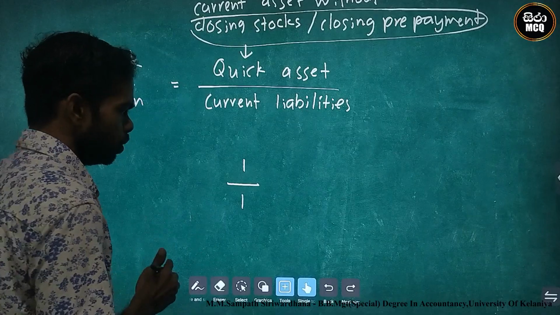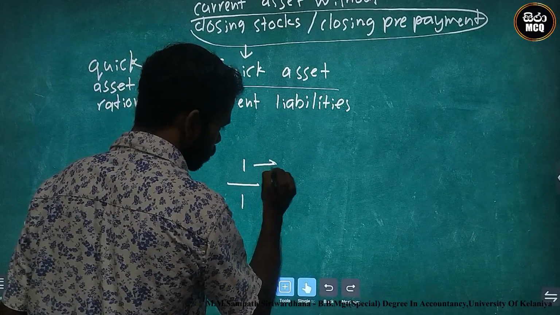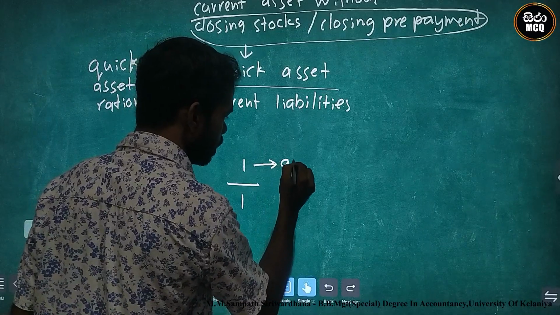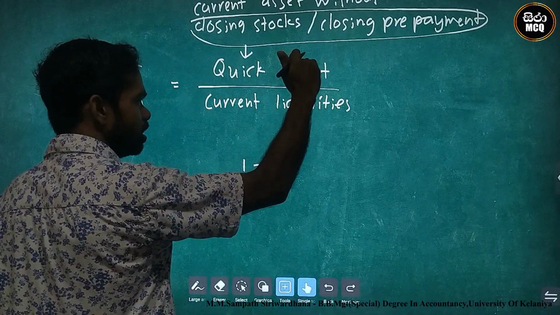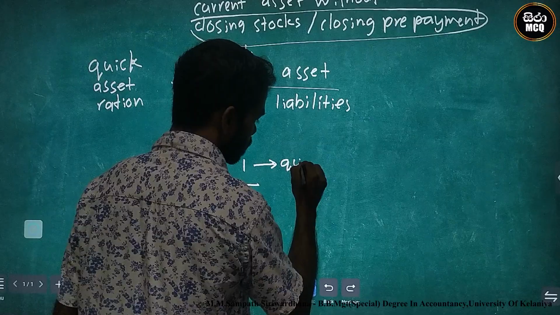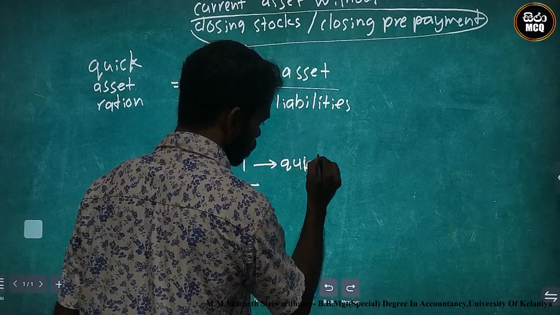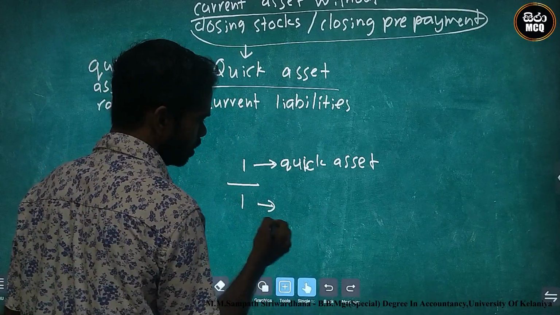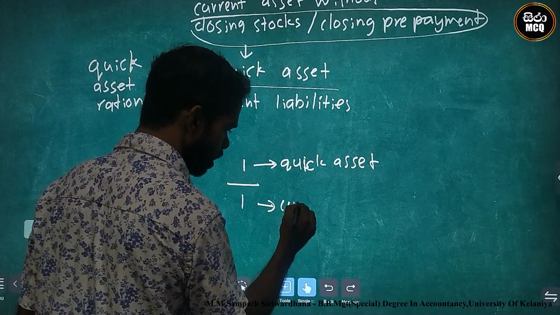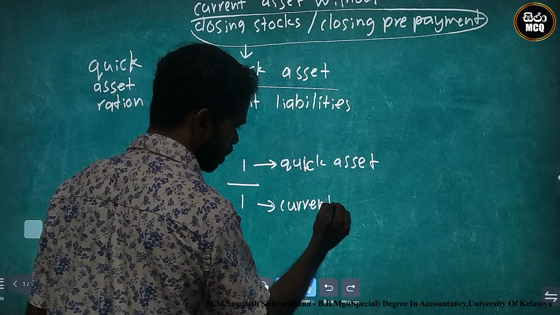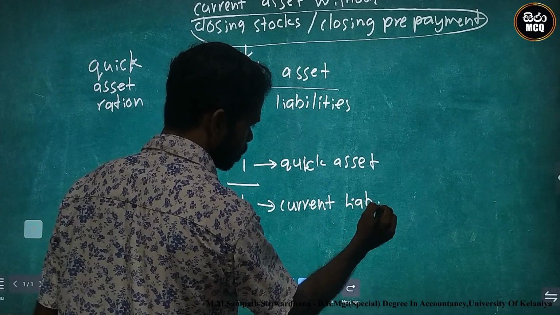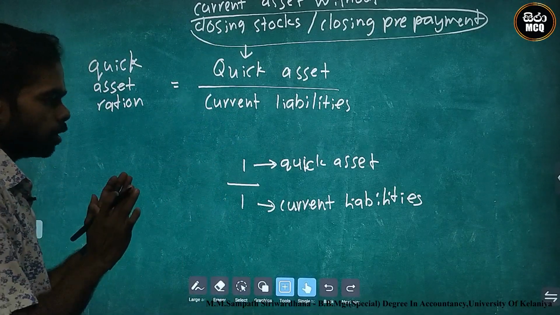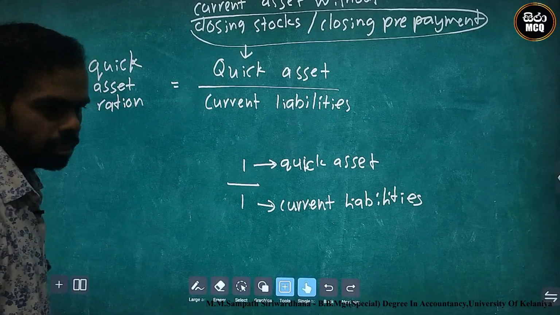This is the formula. The top of the ratio is quick assets, and this one is current liabilities. This is the already calculated quick asset ratio.